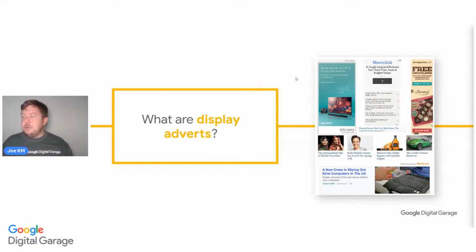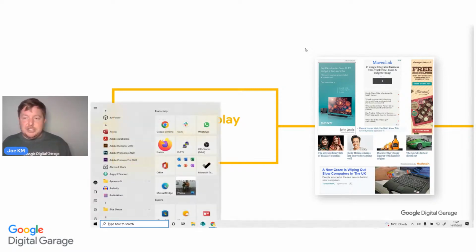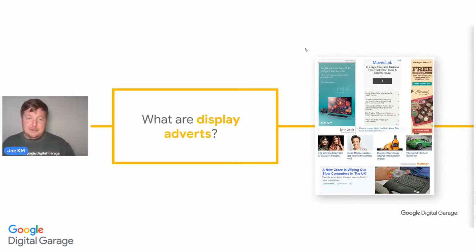The next thing we're going to come across is what are display adverts. We talked a minute ago about search ads, which is the text at the top of ads. The next thing we're going to have a consideration for is display adverts. So you might think, well, what are display? Have I seen display ads? I guarantee you will have seen a display ad. A display ad is something that comes up on the page that is a visual ad.